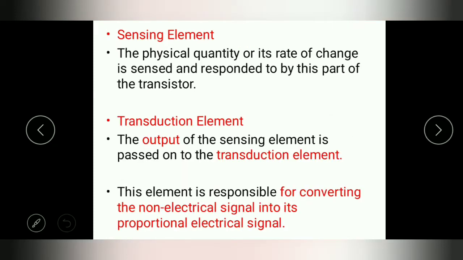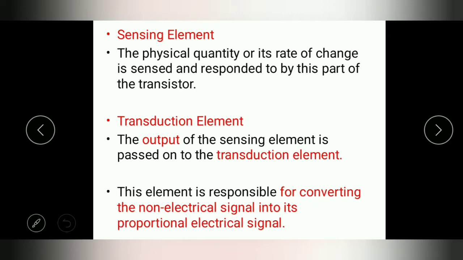First is the sensing element. The physical quantity or its rate of change is sensed and responded to by this part of the transducer. Then the output of the sensing element is passed on to the transduction element.